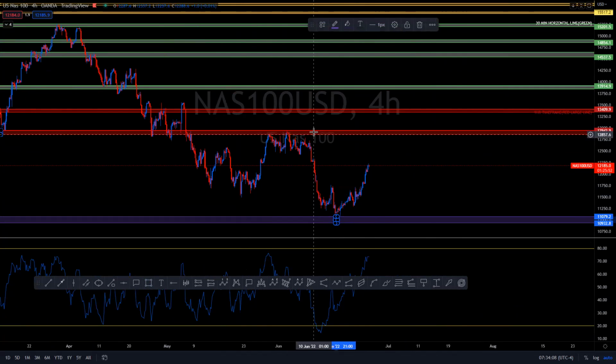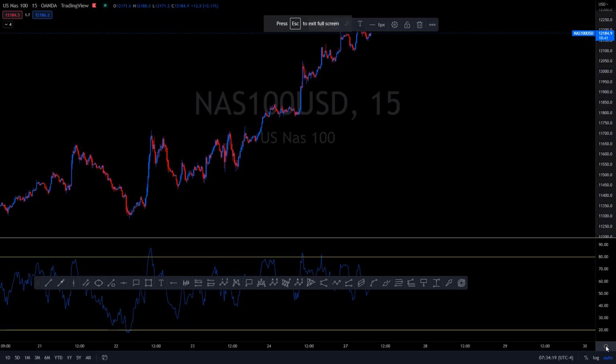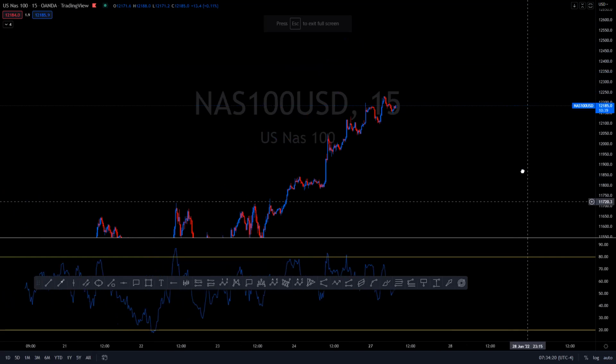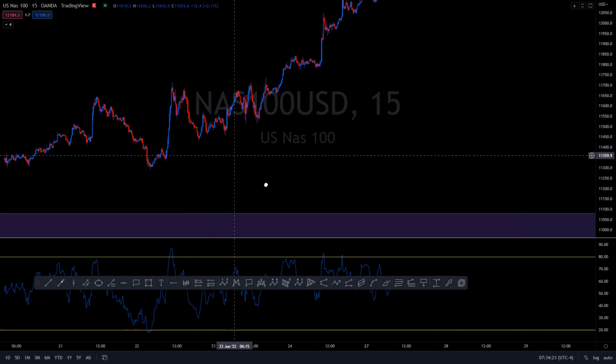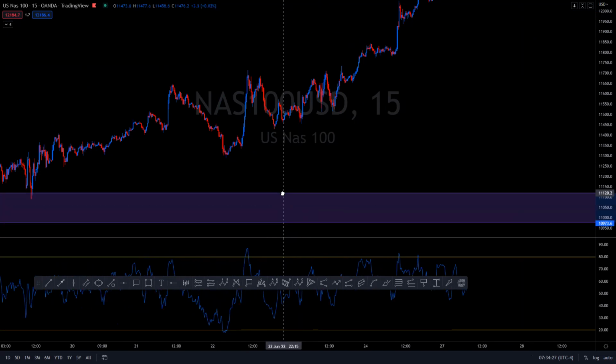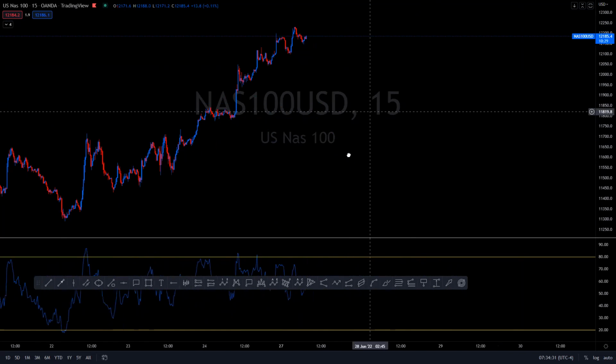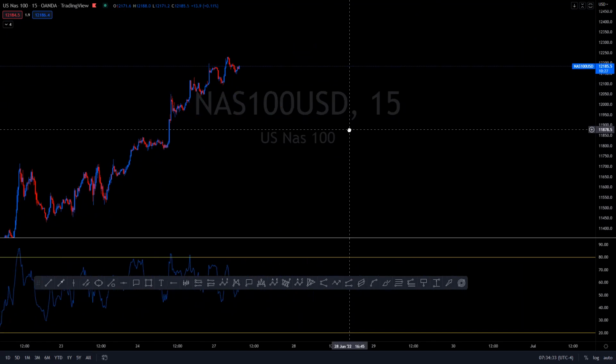And then of course, this is our latest supply zone. So now that I've marked that up, go back to the 15-minute time frame. And so look, we marked up a zone here. Might probably bring this up just a little bit more. And so now we're at current price.